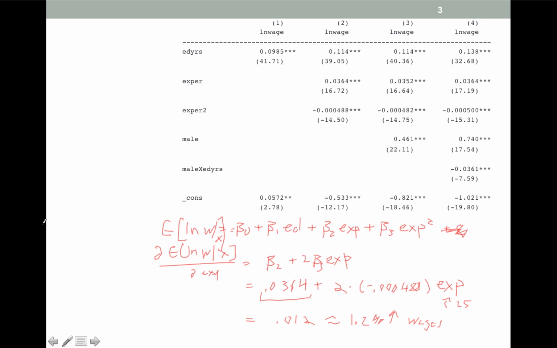That is, when we omit experience from the first model, we're getting a biased estimate of the causal effect of education. So in that first model, the coefficient on education is capturing both the causal effect of schooling and the fact that those adults with more schooling also have less experience, and that lower experience is driving down their wages. And so this is going to be biased, and it's going to be biased low relative to this estimate right here.